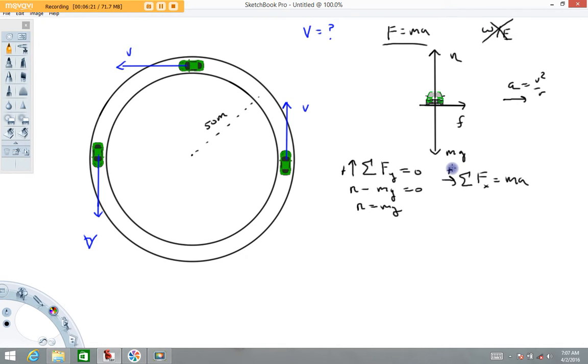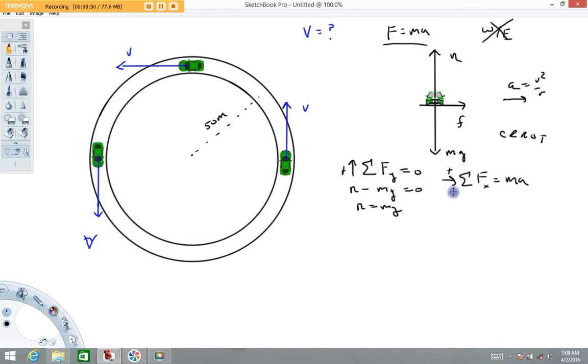And remember Captain Rod's rules of thumb here. One of my carrots is this: identify the acceleration direction, call that positive. That's a really good rule of thumb for Newton's second law problems. So this car is accelerating to the right, and that's why I'm calling right positive. Had we drawn the free body of this viewpoint, looking from behind, the acceleration would be to the left towards the center of curvature, and therefore we'd be writing this equation with left positive.